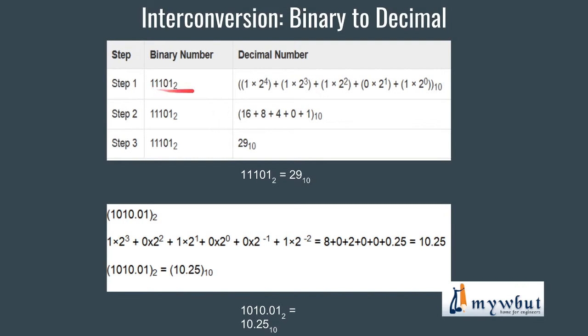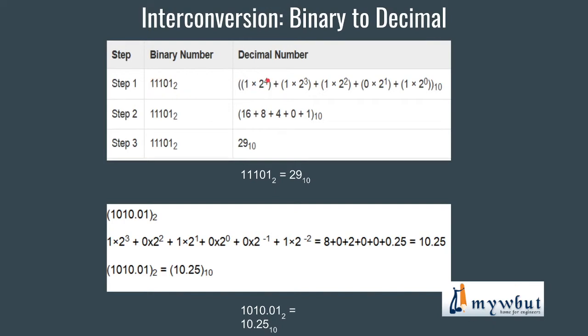So we start writing it as 1 into 2 to the power 4 plus 1 into 2 to the power 3 plus 1 into 2 to the power 2 plus, because we have a 0 over here, we'll write 0 into 2 to the power 1, and this is 1, and hence 1 into 2 to the power 0. So this 0 1 2 3 4 in the power or the exponent part is nothing but the position of the binary digits over here, or the bits.